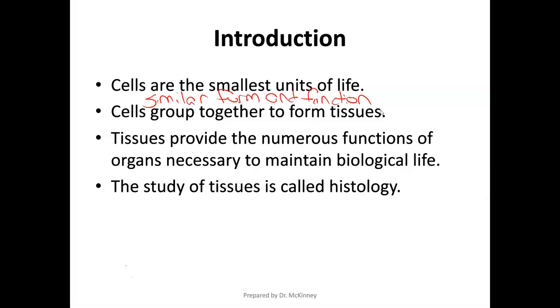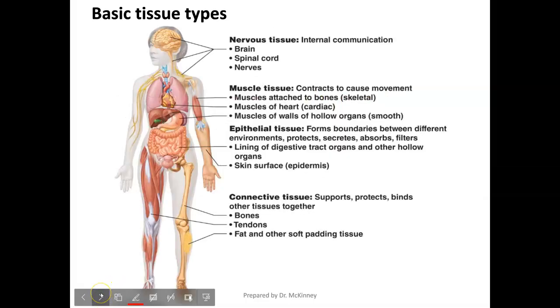They're not grouped as an organ, but tissues like lining different areas of the body that will provide structure, will provide insulation and various other things throughout the body. The study of tissues is called histology. So that's what this unit is in lab, and the chapter in your textbook is referred to as histology.